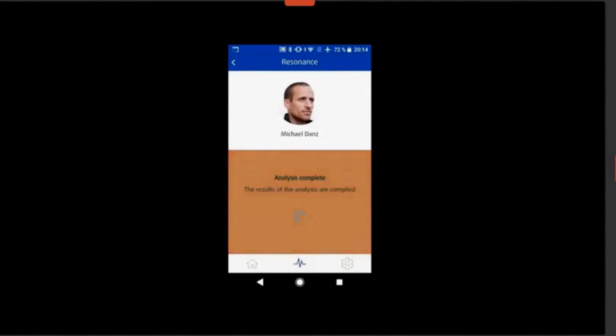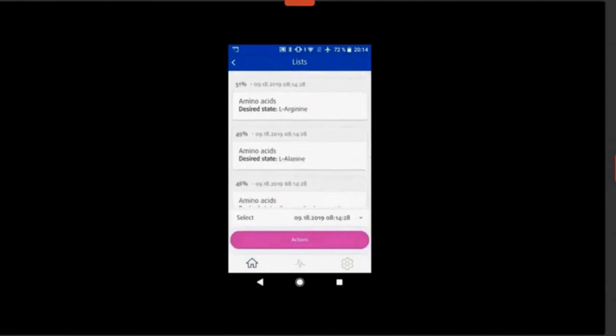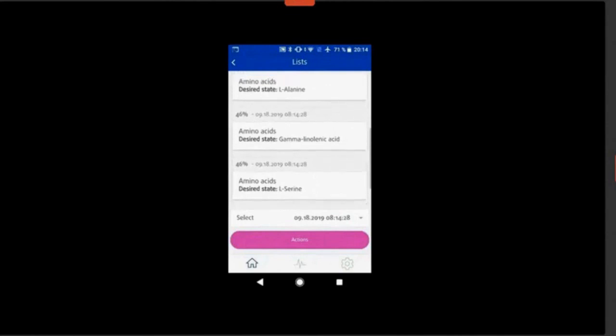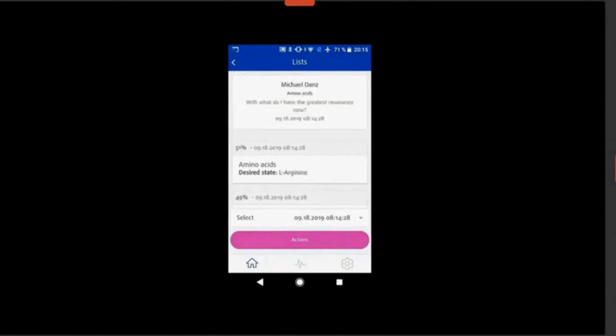What can TimeWaver suggest? And as you see, now we have L-arginine. I don't know how you pronounce that in English. Comes 2 times. Interesting. No, the first one is L-arginine and the second one is L-alanine. So as you see, there are certain amino acids now which are part of that database, which as a supplement Healy Resonance is recommending me to balance my field right now.